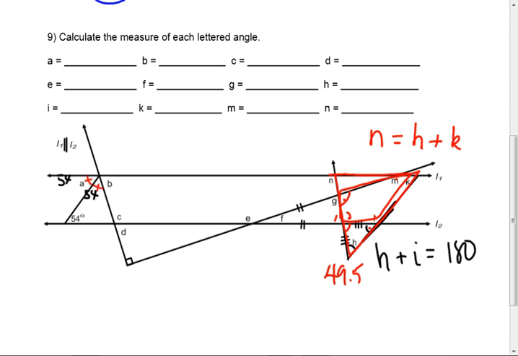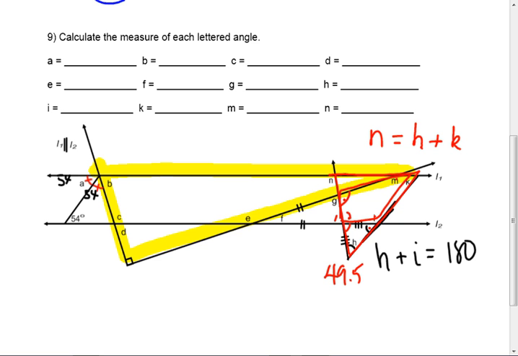Let's see. I also have a right triangle here. You see that triangle? So you can find this little angle over here. I kind of have to do the whole problem to do it. I can't just jump into it unless I know some things.